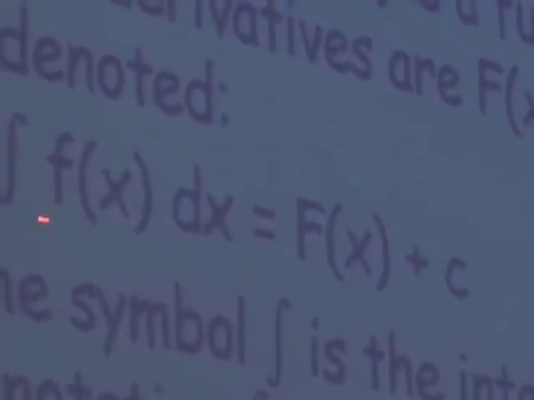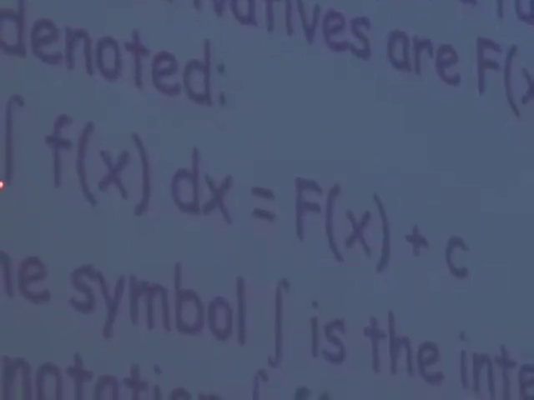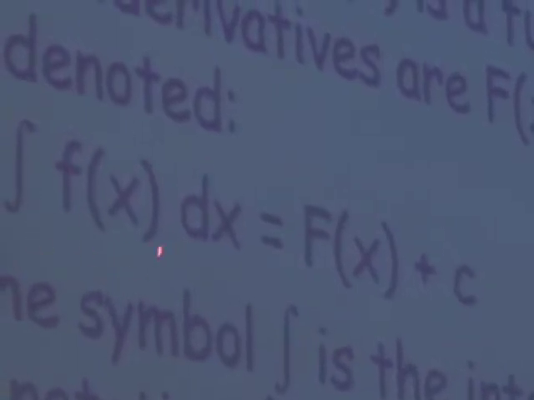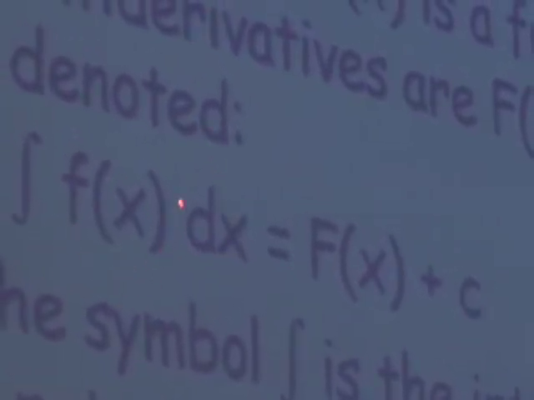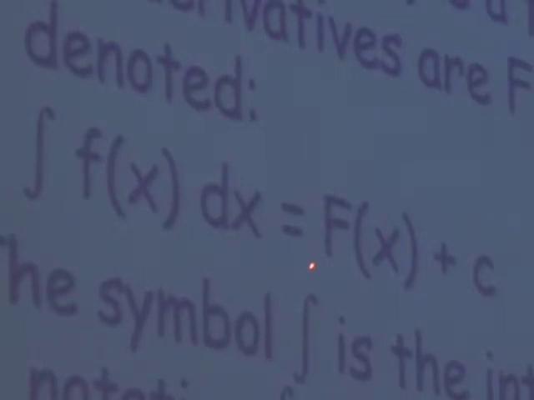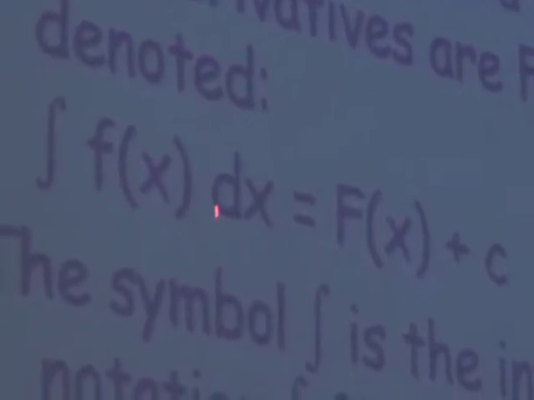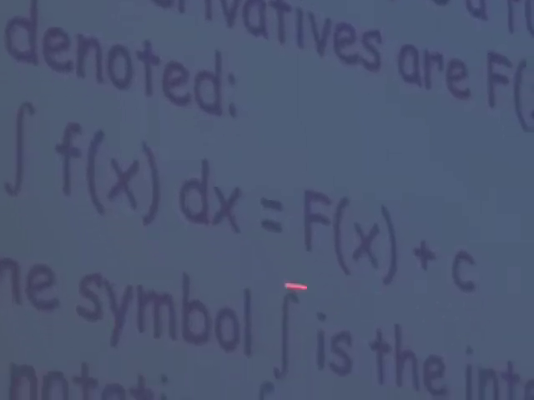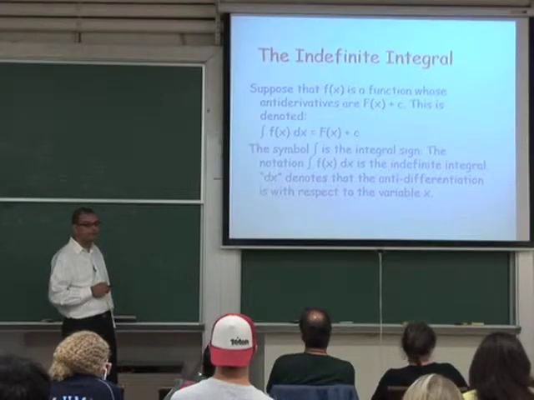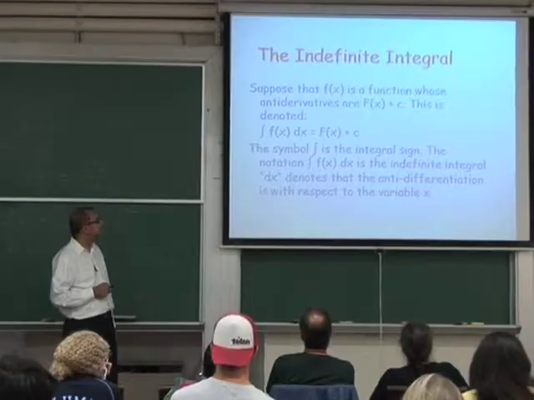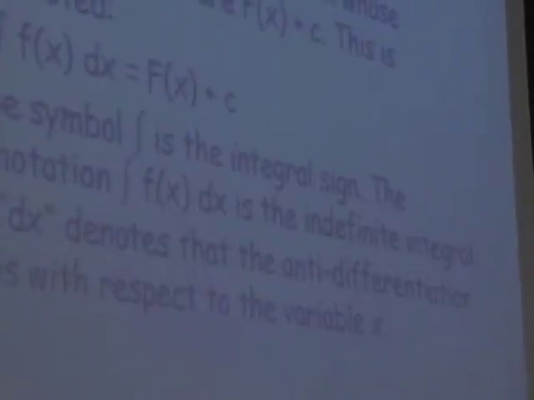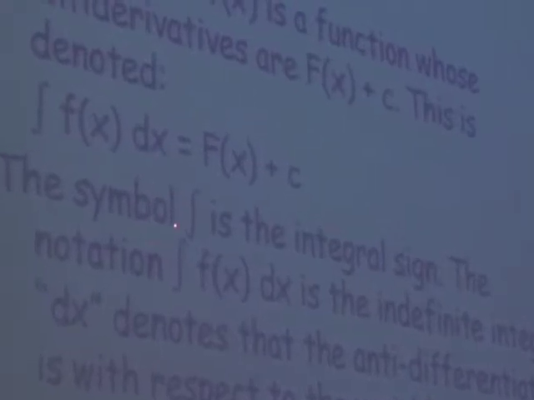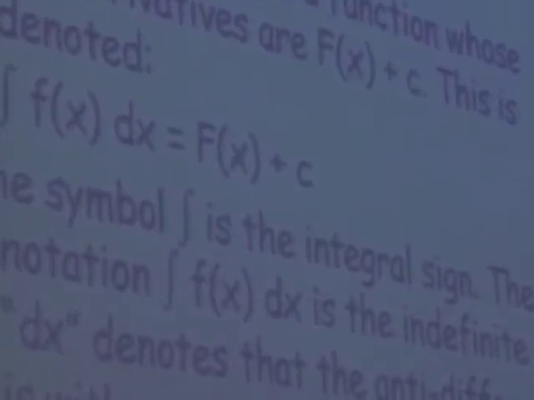Okay, so the function inside this script s and dx is the derivative. Okay, that's what you have to find the antiderivative of, and that is the antiderivative. If this were dy, then it would be with respect to y, and so on.